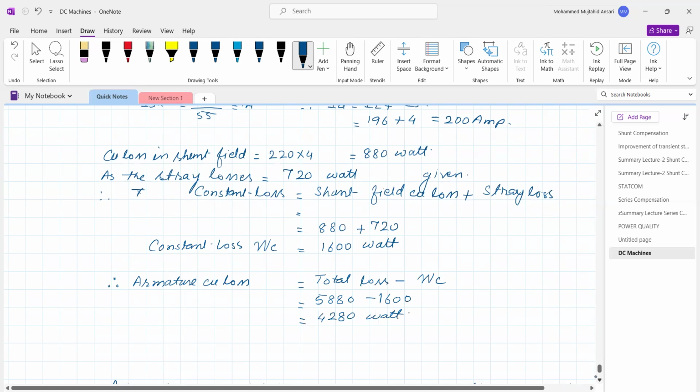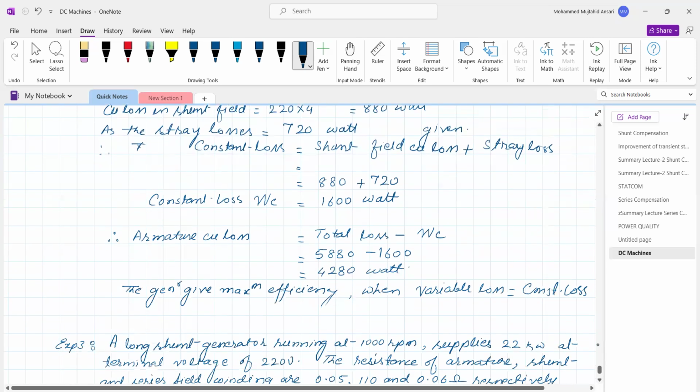As already discussed, the generator gives maximum efficiency when variable loss equals constant loss.